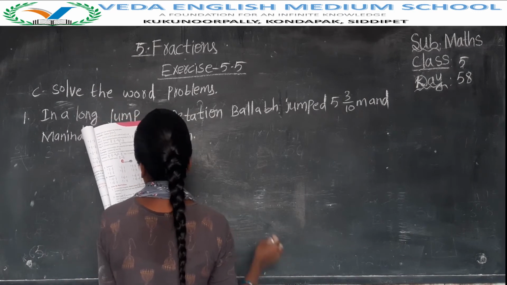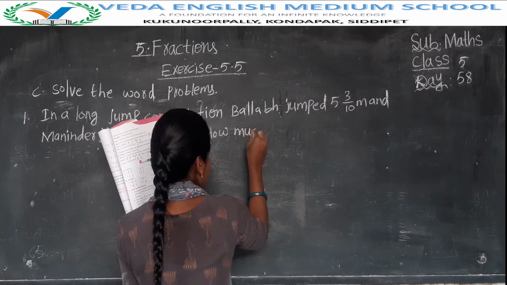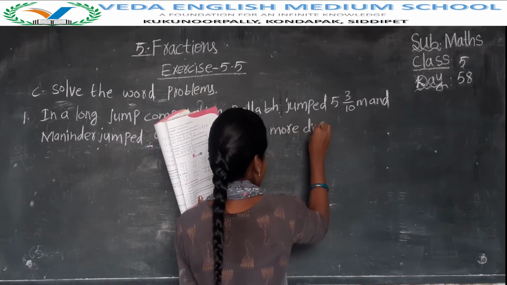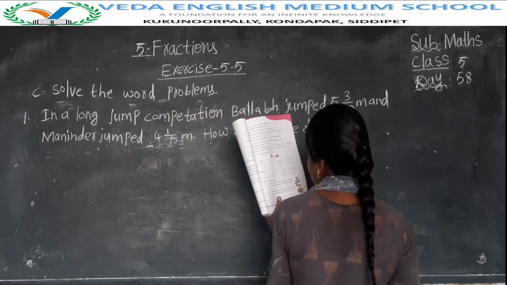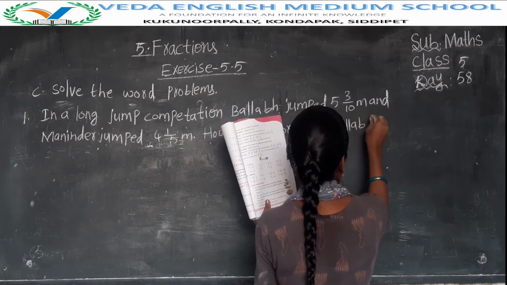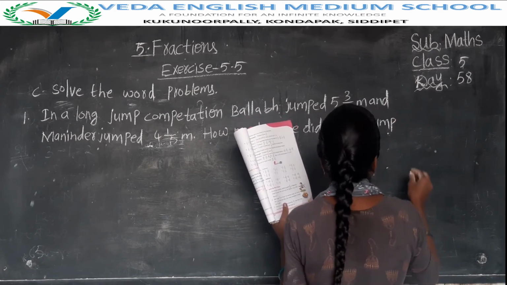How much more did Balab jump than Maninder?